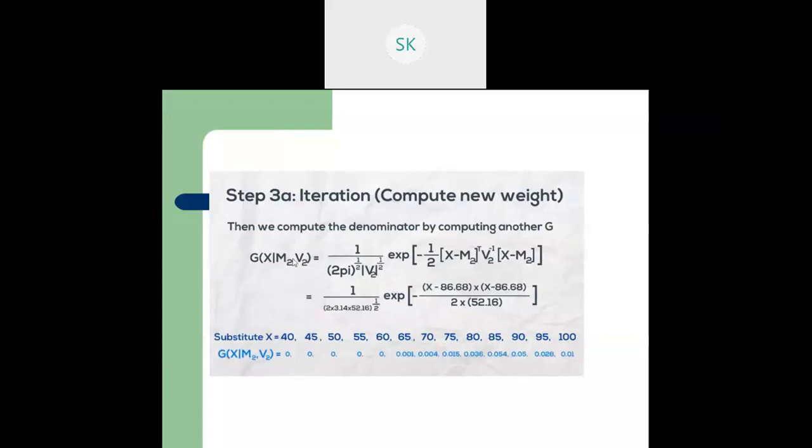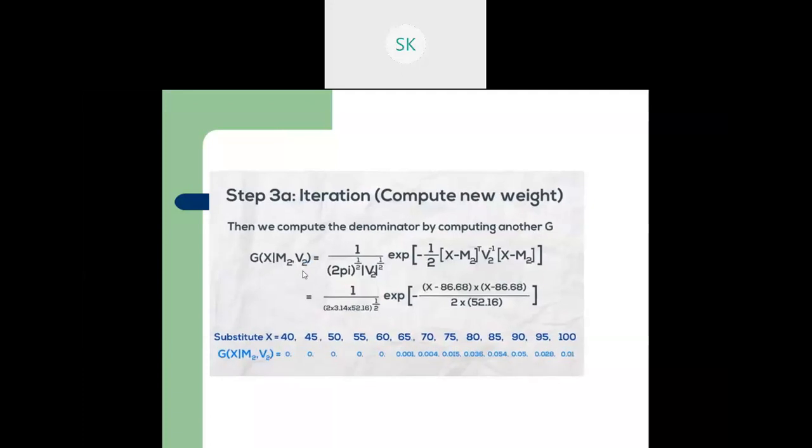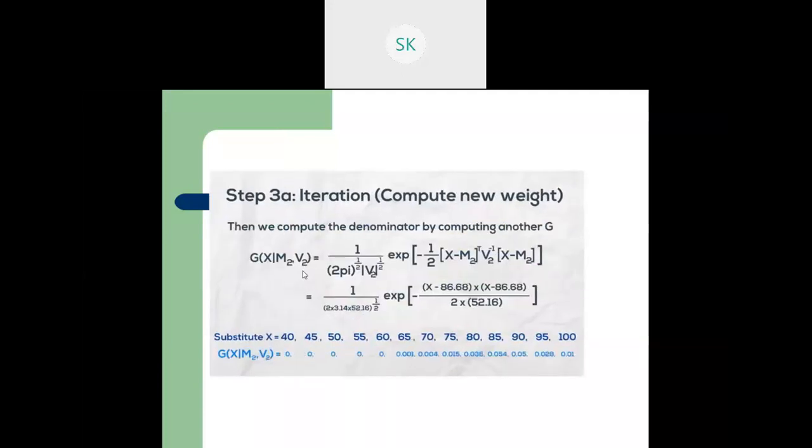Now we are computing g of x by m2 v2. In the previous slide we computed m1 v1. Now for m2 v2, this calculation we are doing to compute this new weight. Same, putting the values: m2, that is the mean of the second component, 86.68, and the variance of the component, that is 52.16.